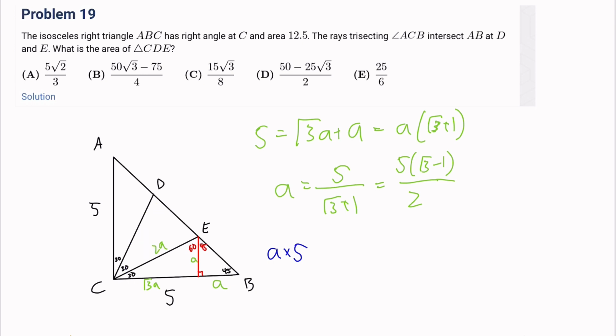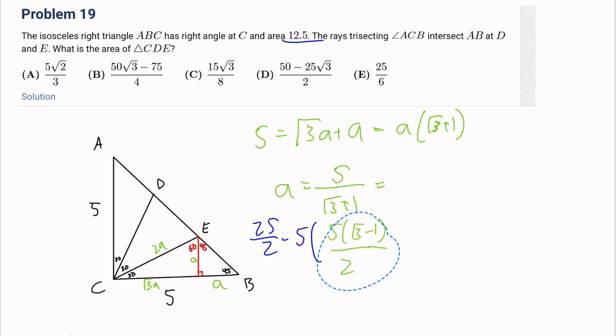And to get CDE, we have to do the whole area minus that, right? So the whole area is 12.5. 12.5 minus 5A is the area of CDE. And so let's just write 12.5 as 25 over 2, and minus 5A, which is minus 5 times 5 times root 3 minus 1, all over 2.